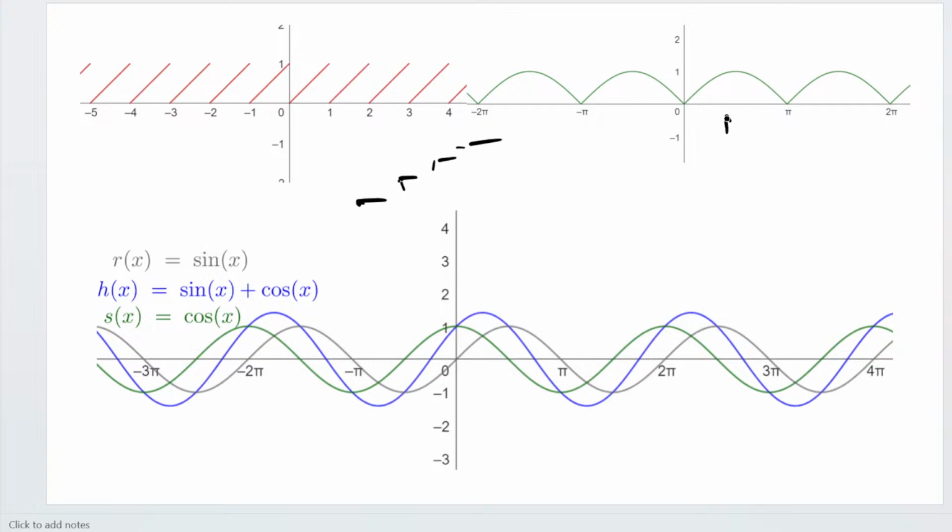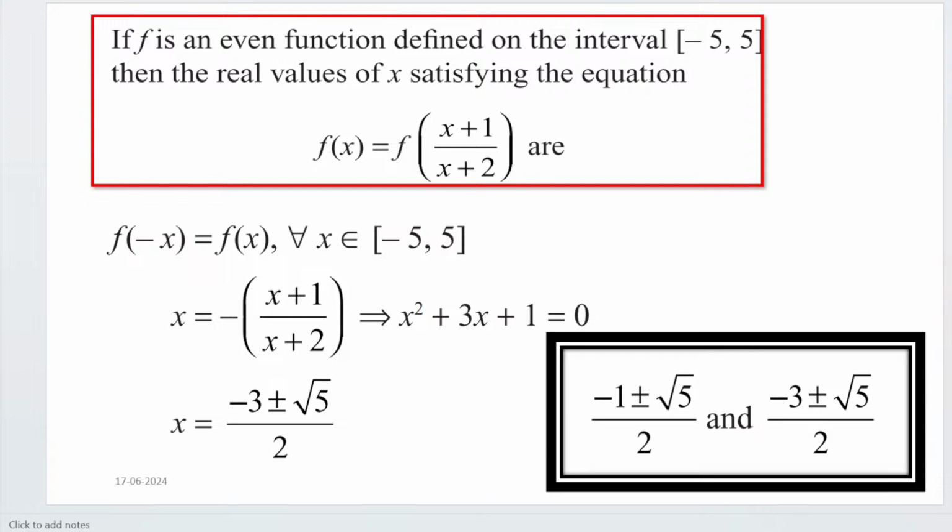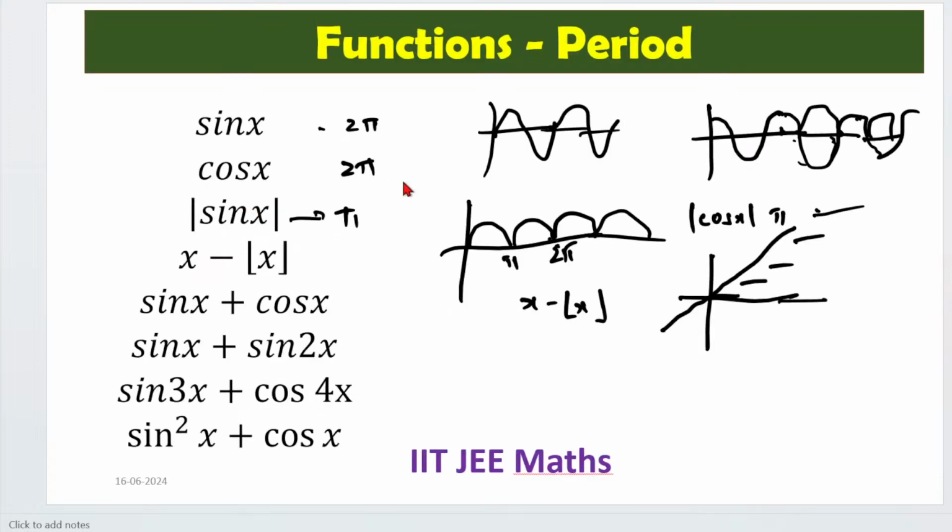What is this function? We discussed this one also. Earlier, we discussed one among these.